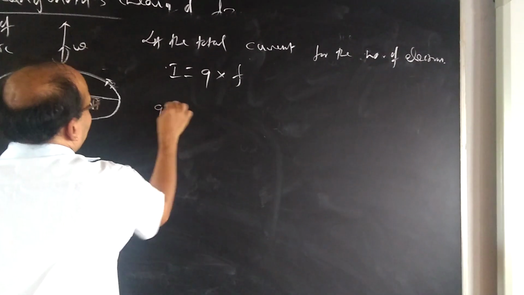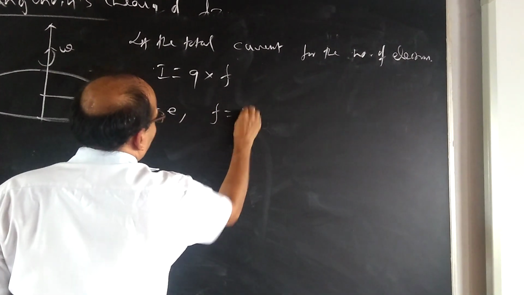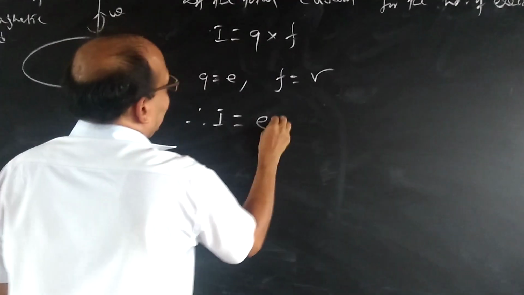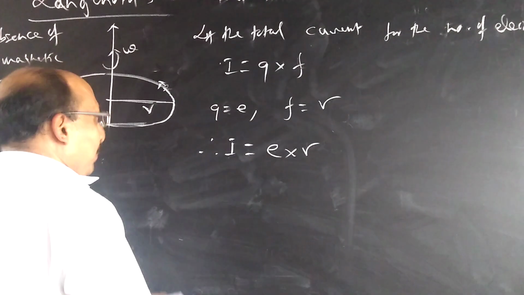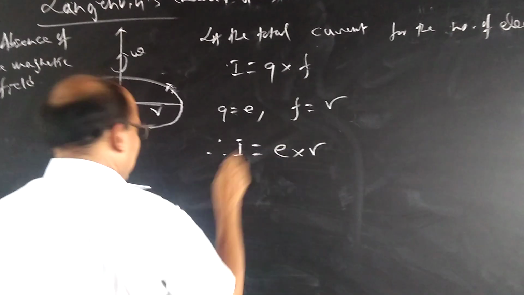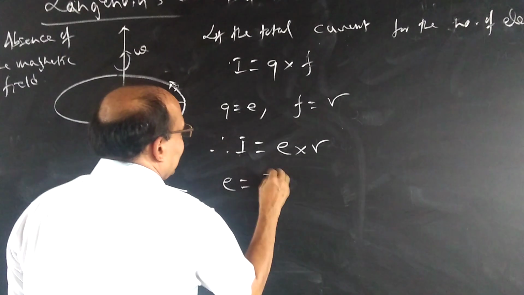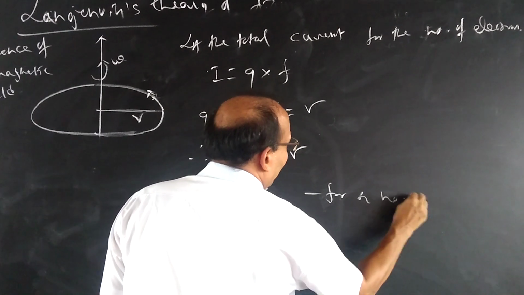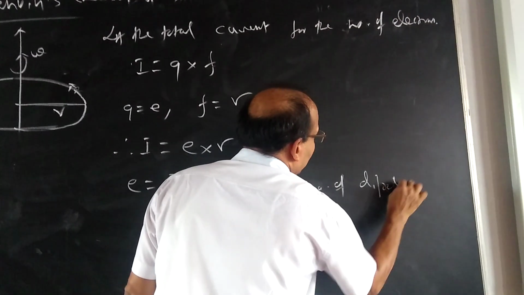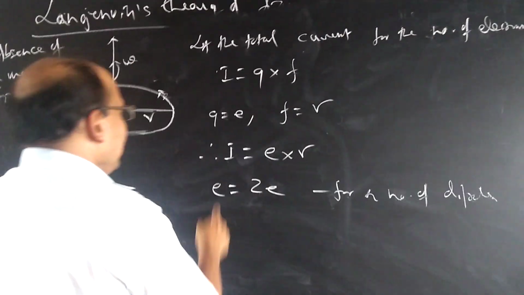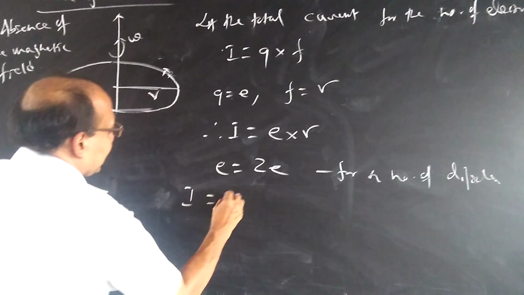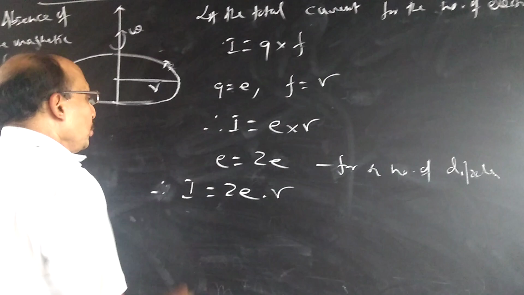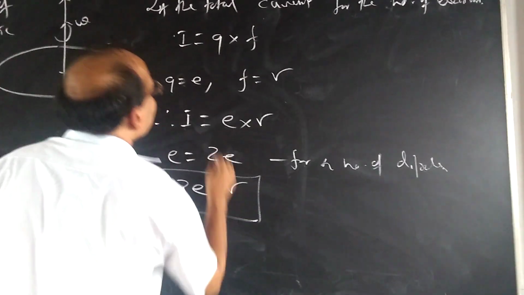So here we can take Q as e, f as nu, isn't it? And therefore I is nothing but e into nu. But usually, what is this particular e? This e here is Z times e for n number of dipoles in the nucleus. So I is equal to Ze into nu. Okay, so this is a very important equation.